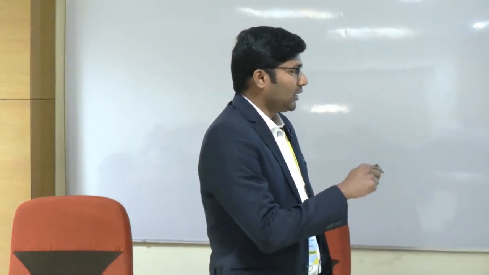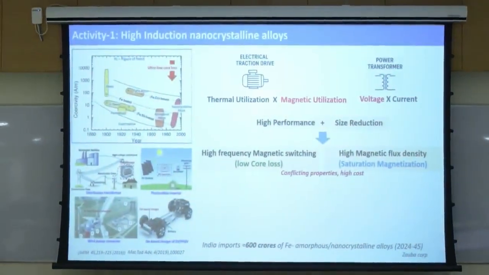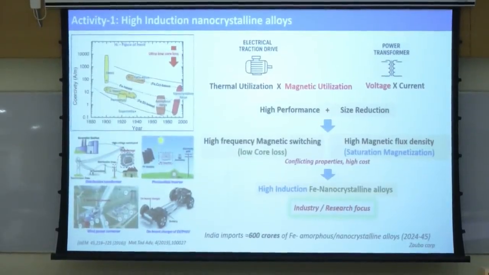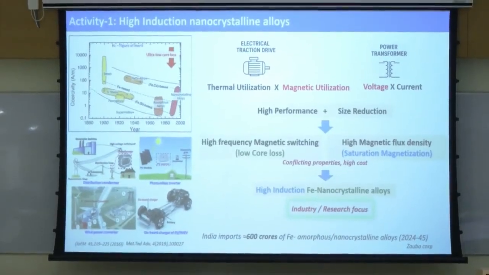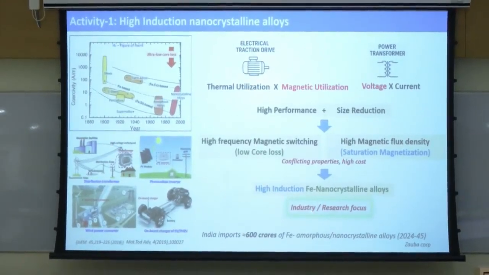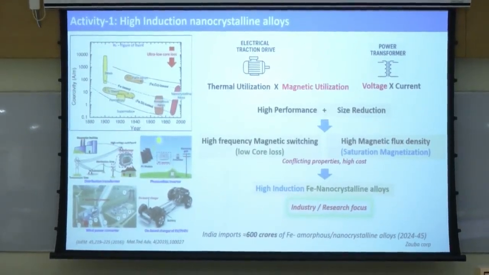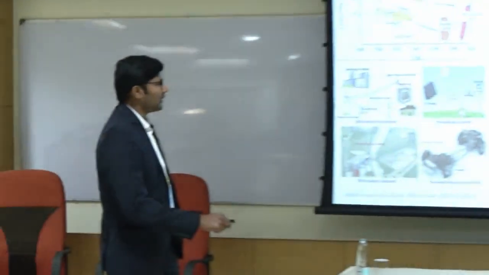But in any bulk magnetic material, these two are conflicting properties. So you have to find a solution. The established nanocrystalline alloys have low magnetization, so here we plan to work on high induction iron nanocrystalline alloys, and I will show those results.